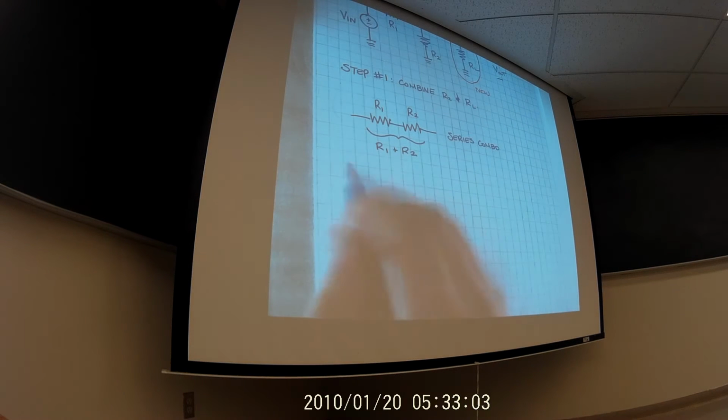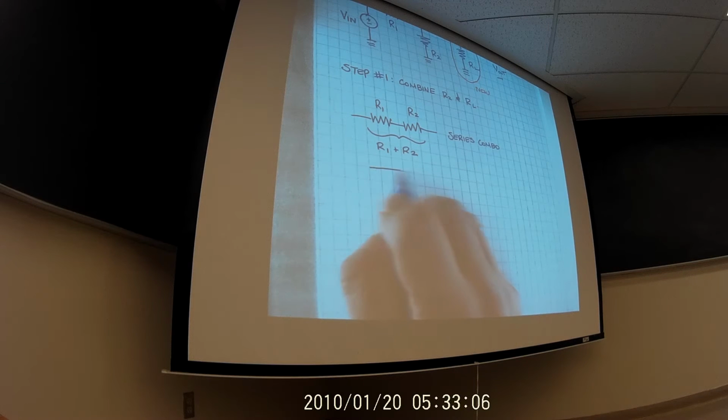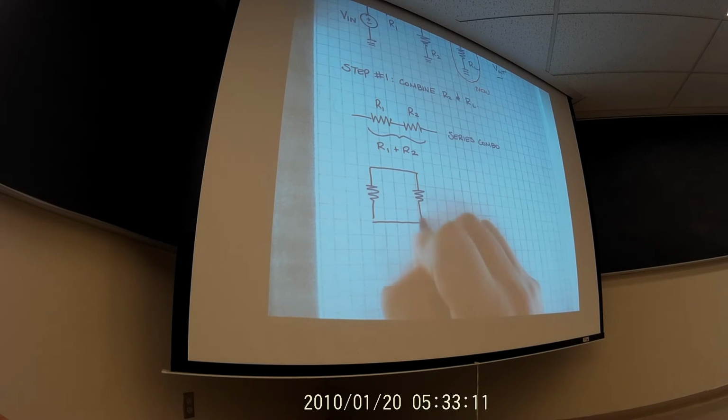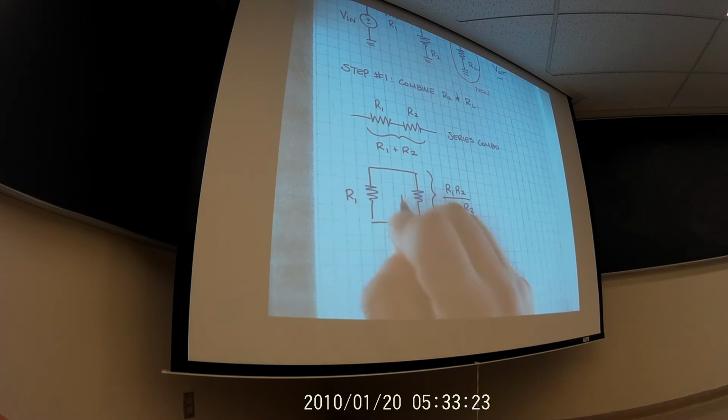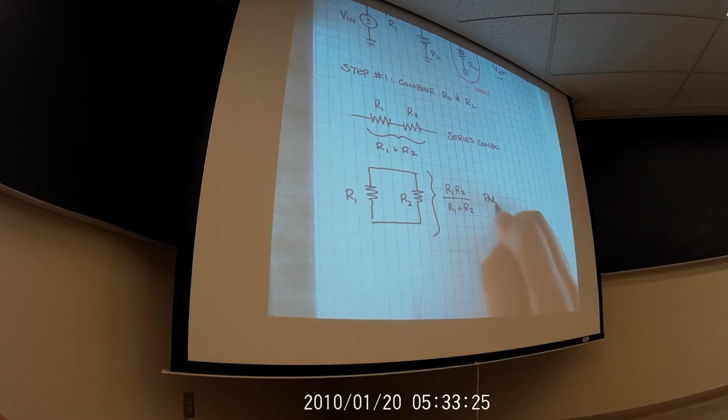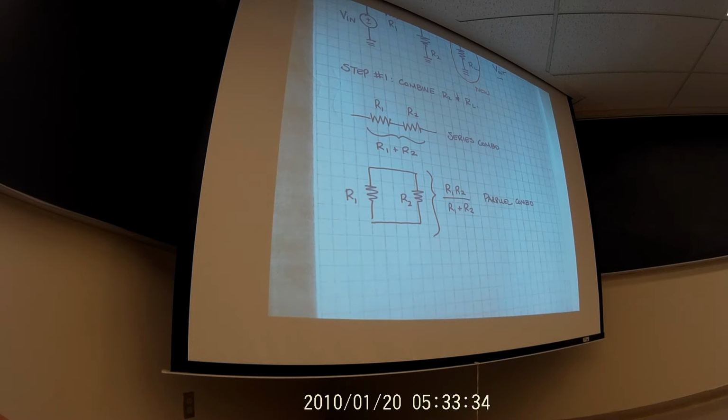If we have two resistors that are in parallel, then the equivalent is R1 R2 over R1 plus R2, and that's called a parallel combination. Does that come from 1 over R equivalent equals 1 over R1 plus 1 over R2? Exactly, yes, that's another form of that. This is the form for only two.